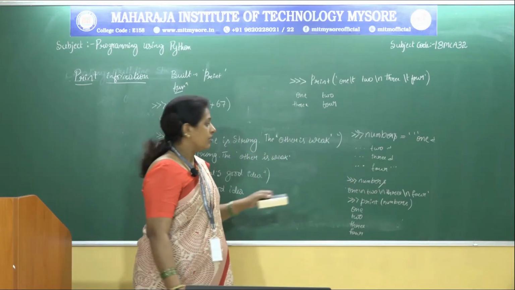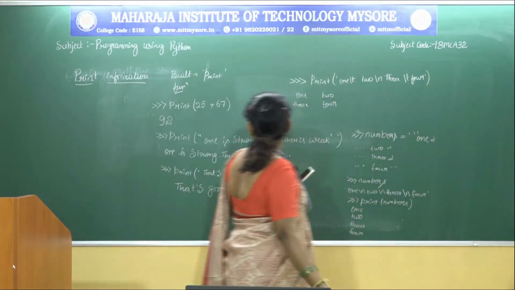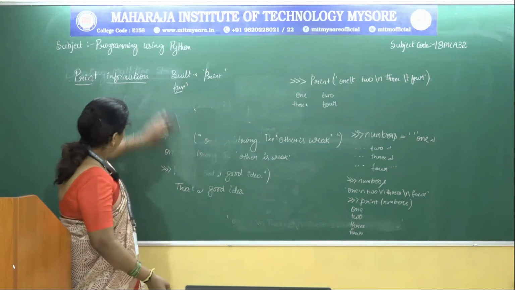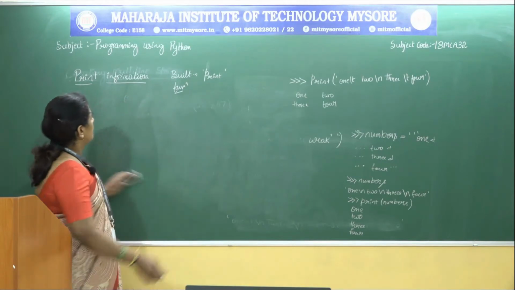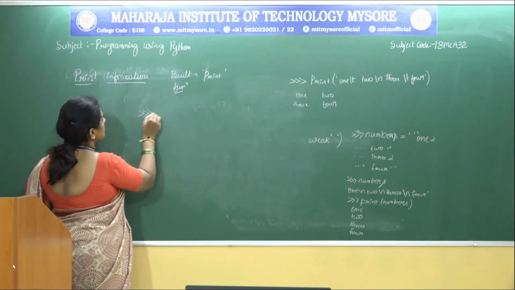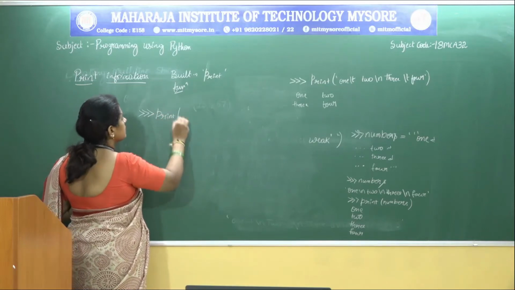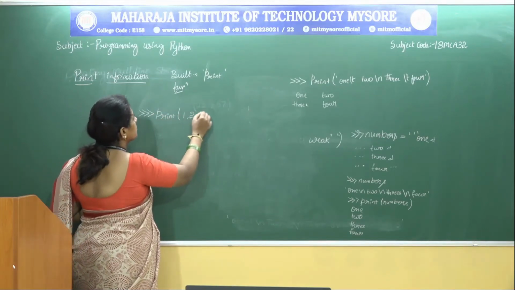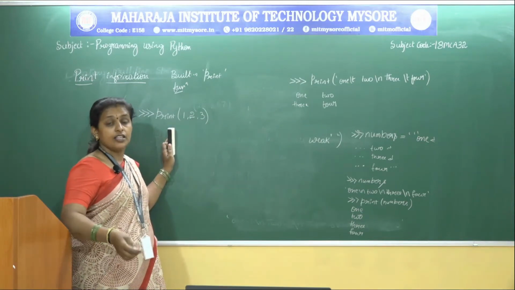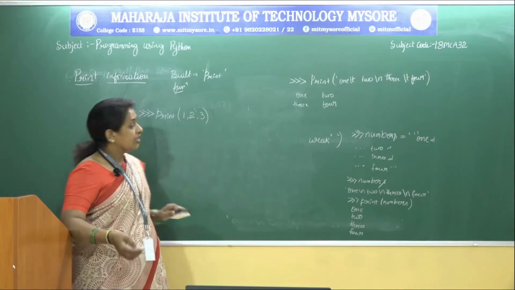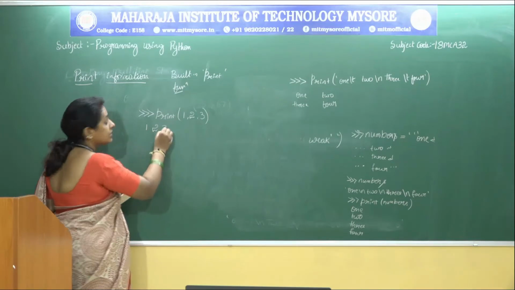Then let me give one more example with respect to the numbers or the values. Print 1, 2, 3. Here I am going to print the values 1, 2, 3. The output of this is 1 2 3.